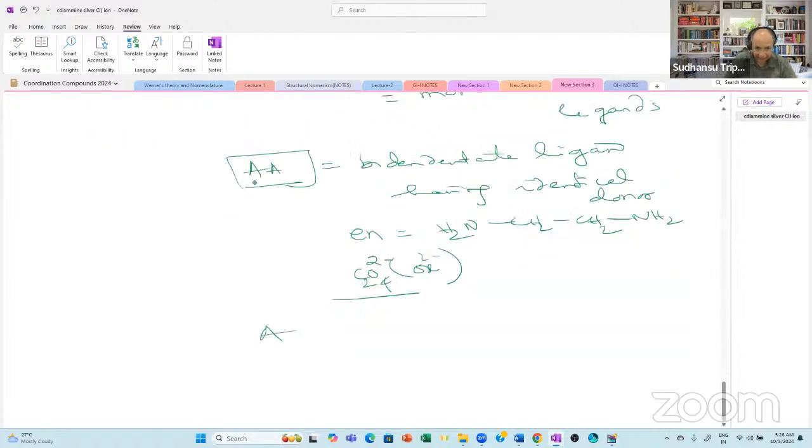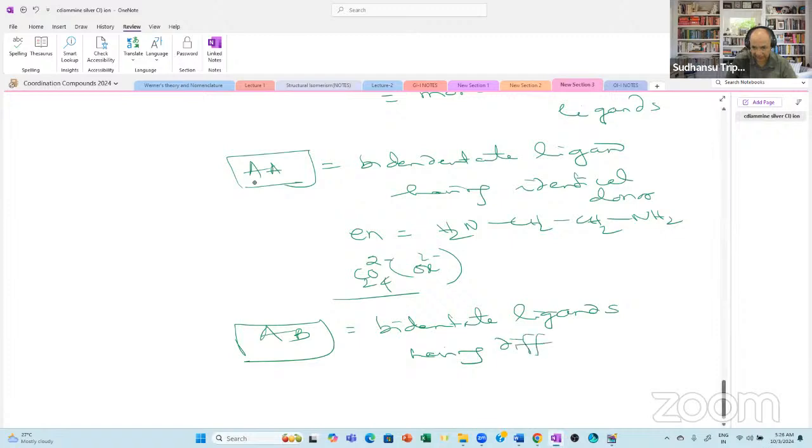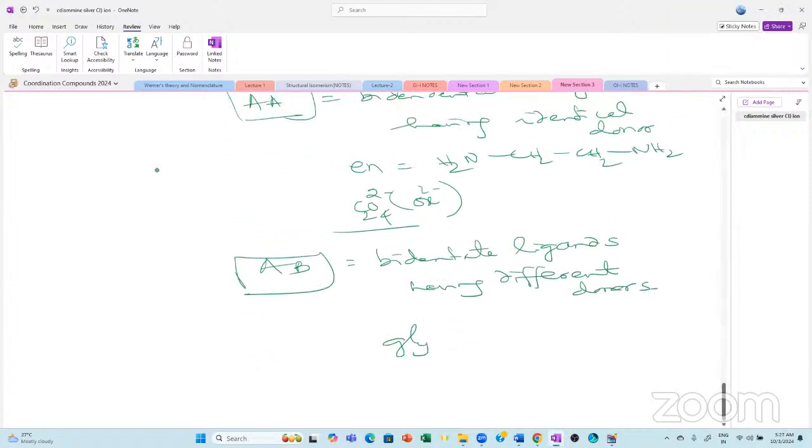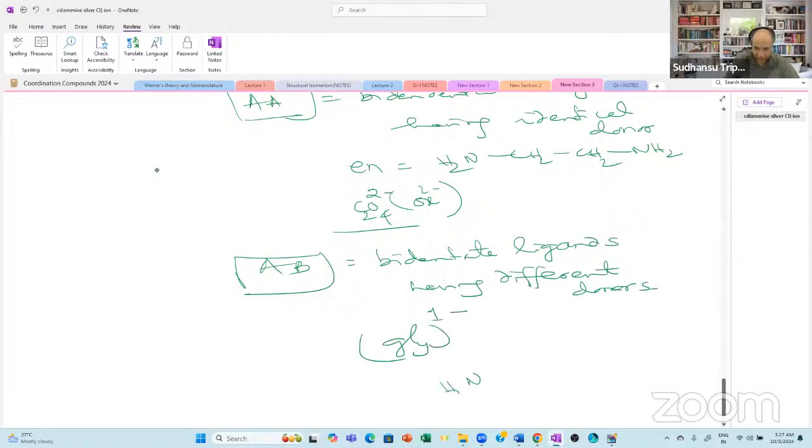Similarly, AB we shall write for bidentate ligand with different donors. Tell me an example. Yes, glycinato. One is NH2, the other one is COO minus.